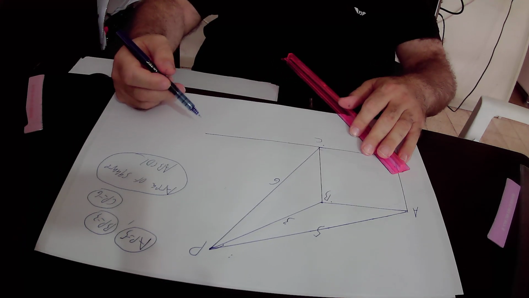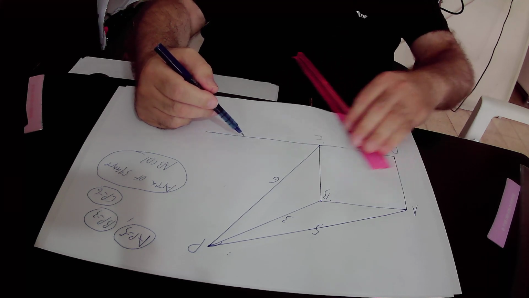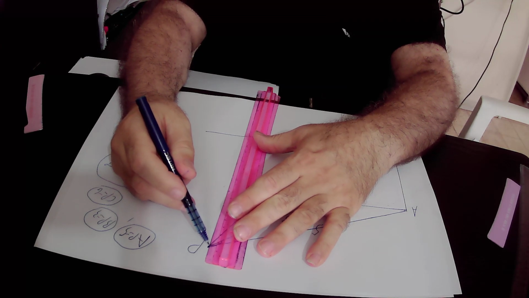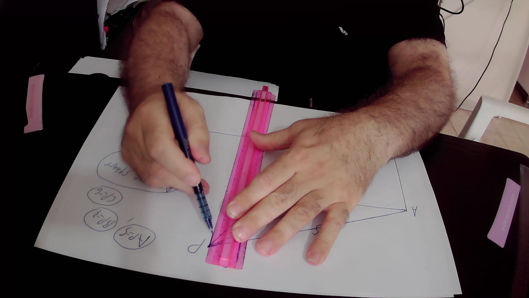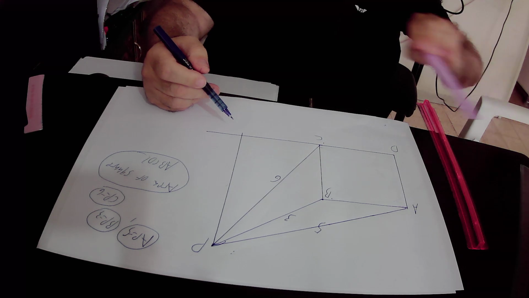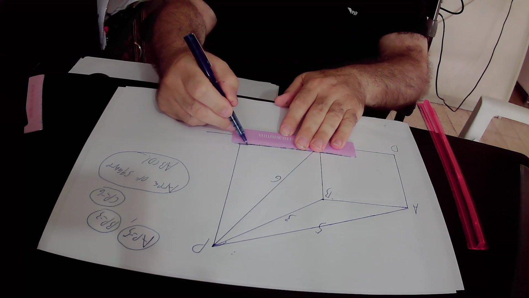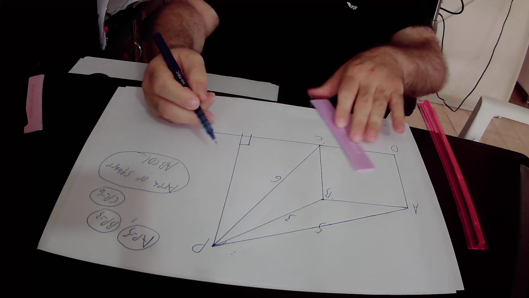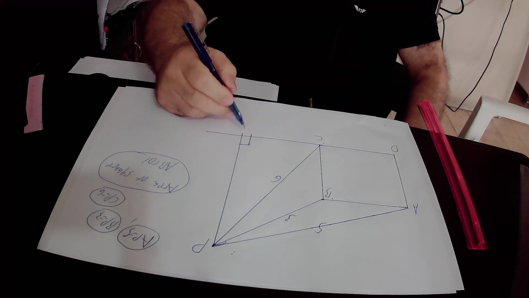And from point P, we will draw a perpendicular on the extended DC. So this angle equals 90 degrees according to our construction. We'll define the touching point of the perpendicular from point P on the extended DC as N.